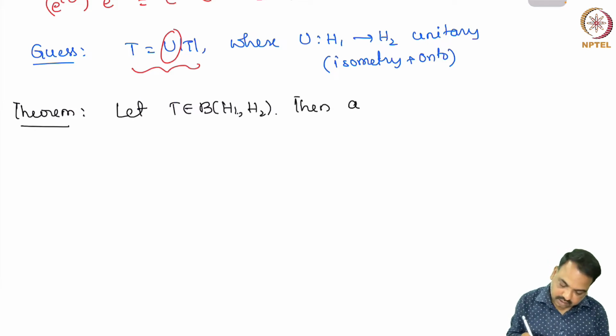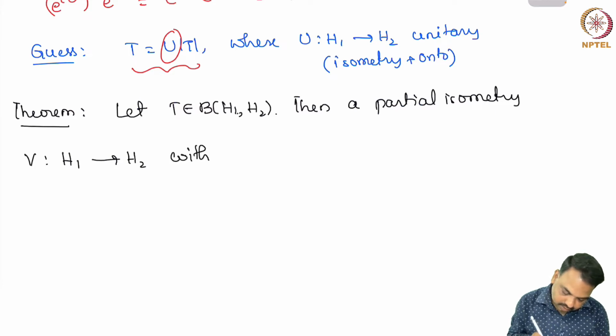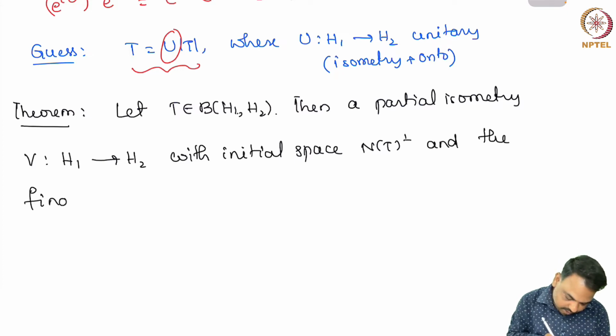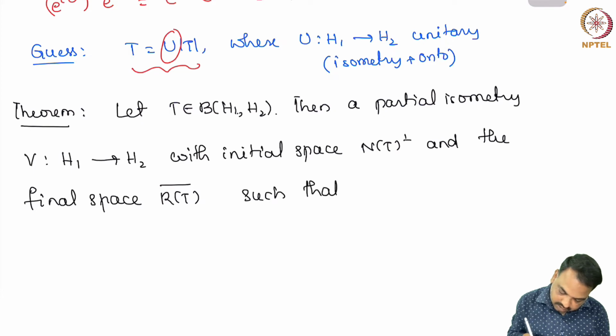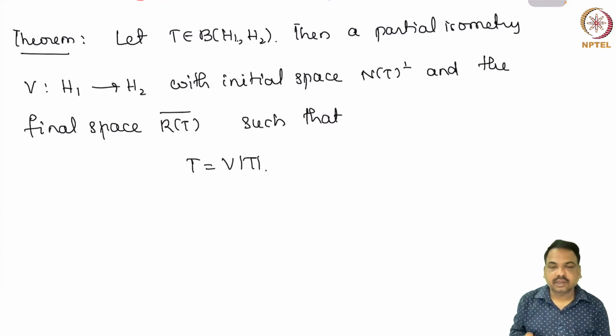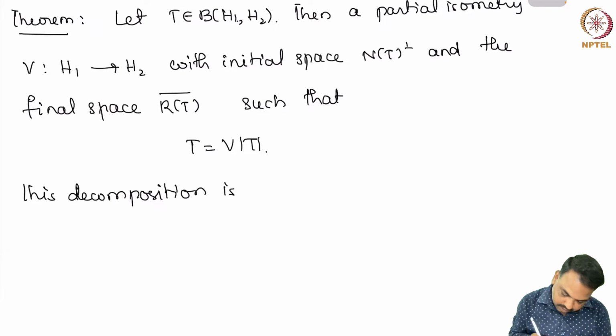Then there exists a partial isometry V from H1 to H2 with initial space the null space of T perp, and final space the closure of the range of T, such that T can be written as V mod T. In fact, this decomposition is unique.